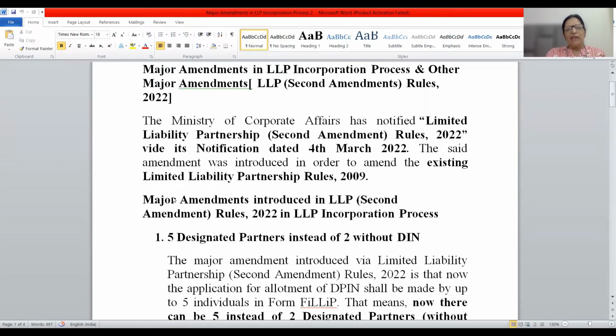So first of all, I'll talk about certain amendments which were done by introducing these rules in the incorporation process, and then I'll be talking about other major amendments. So friends, there are 5 to 6 points here which I would like to discuss.